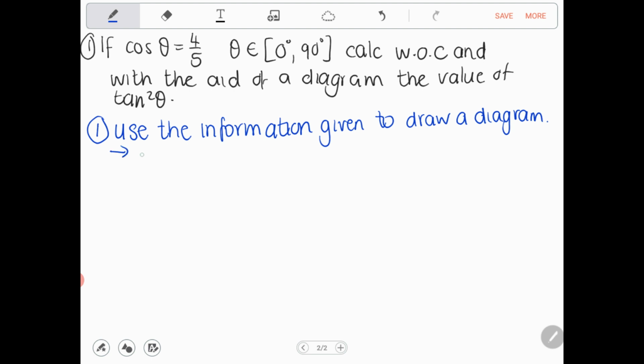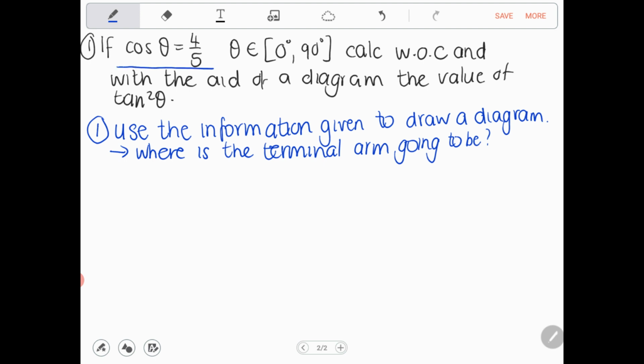In other words, where is the terminal arm going to be? Okay, so let's just look. All right, so cos here is 4 over 5. So that shows us this 4 over 5 is positive.